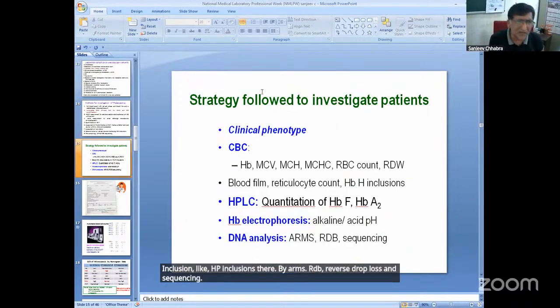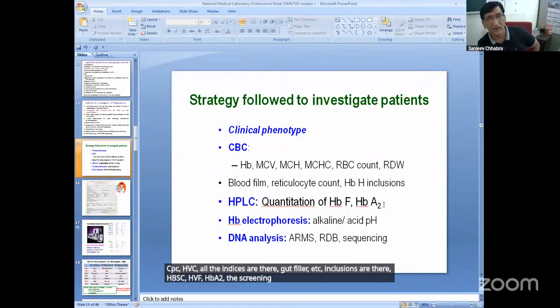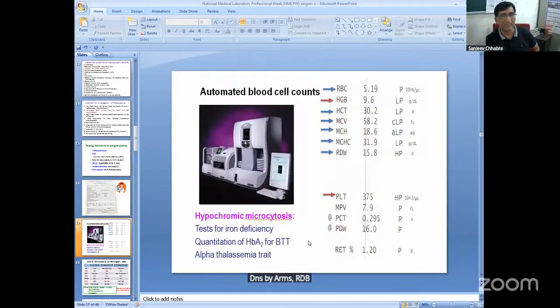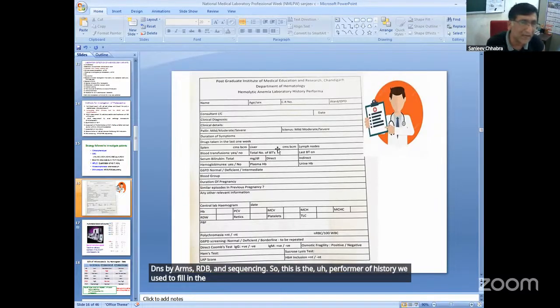So in a nutshell, the study should be like this: clinical phenotype, CBC, all the indices are there, blood film, retic count, inclusions are there, HbS, HbF, and HbA2, and screening of the other variants which come up during their estimation, electrophoresis at alkaline pH and acid pH, DNA by ARMS, RDB, and sequencing. So this is the proforma of history we used to fill in the department, in my lab especially.